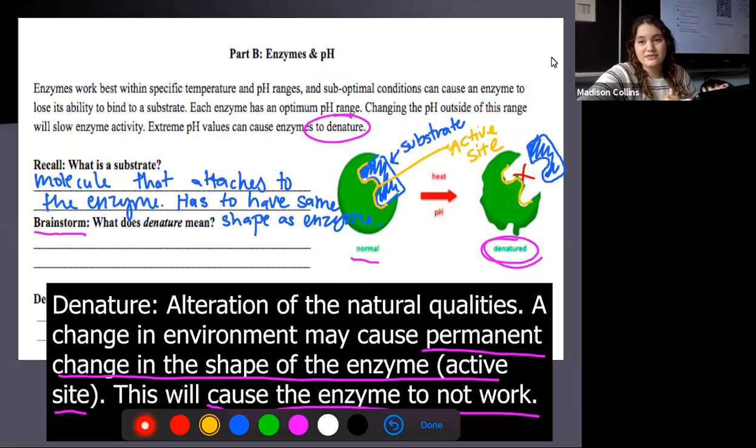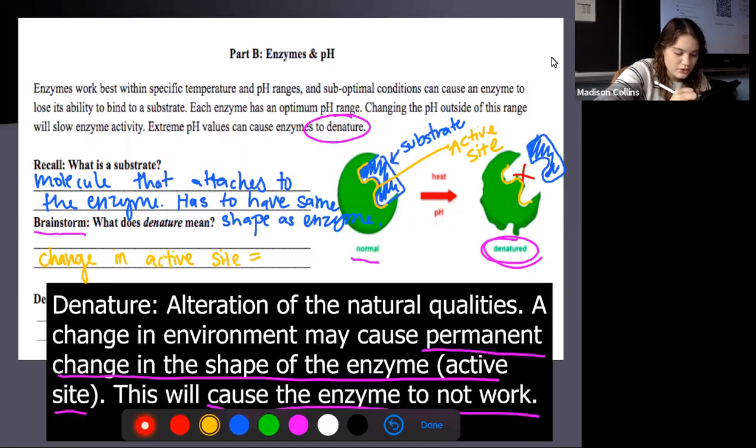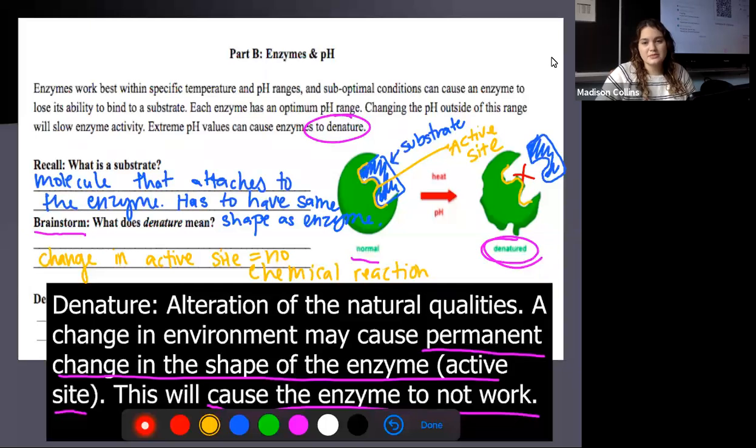And if the substrate can't fit in the pocket, that means that the chemical reaction can't occur. So change in active site equals no chemical reaction. All right, so once again, this causes the enzyme to not work. So anytime we go in a pH range or temperature range outside of that optimum condition, that enzyme is going to denature, which means the chemical reaction can't occur because the puzzle pieces don't fit.